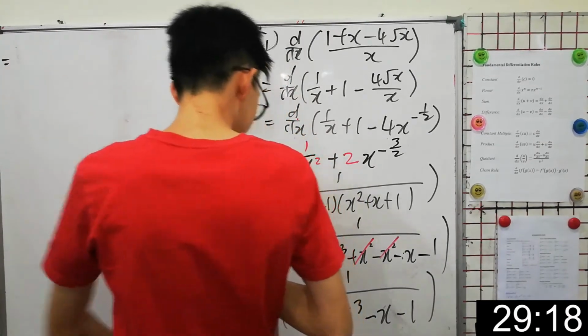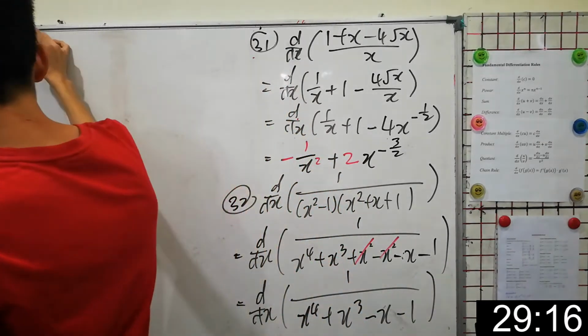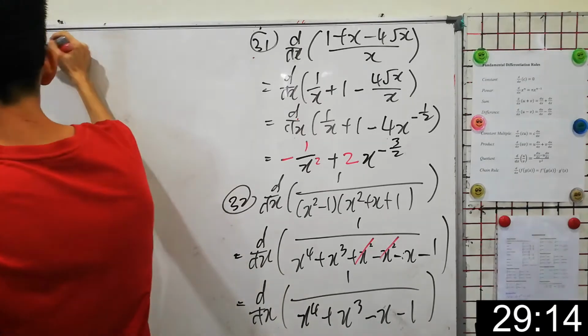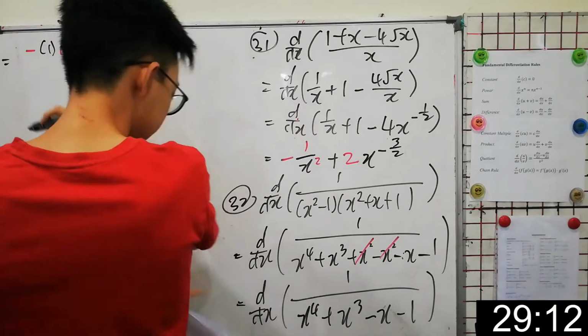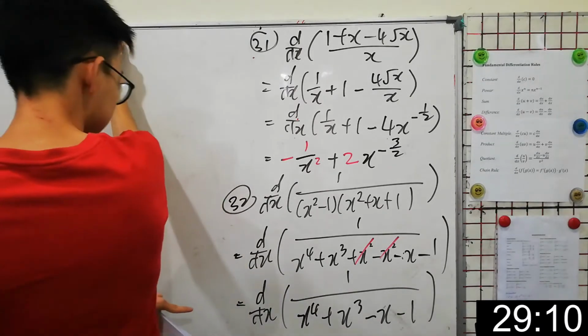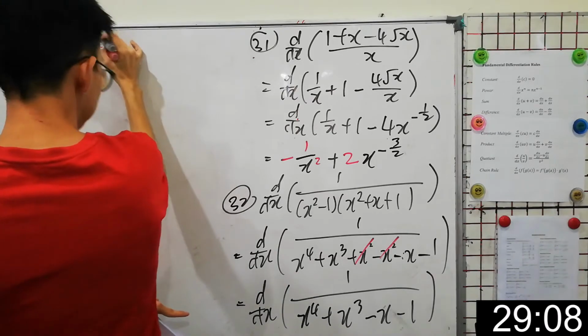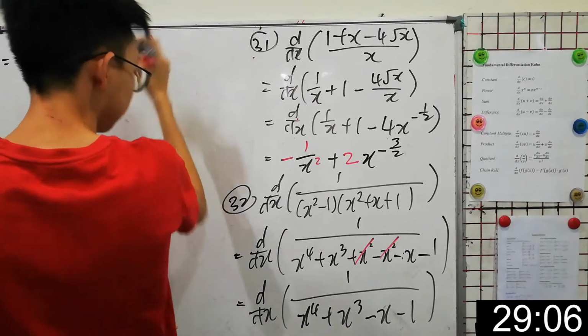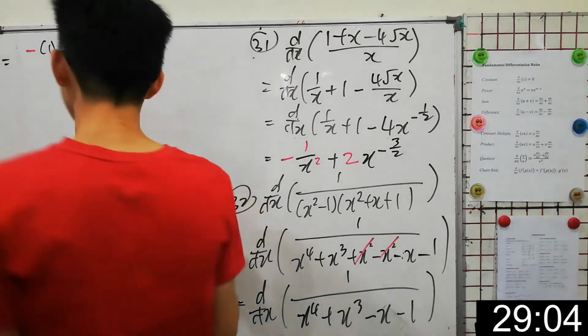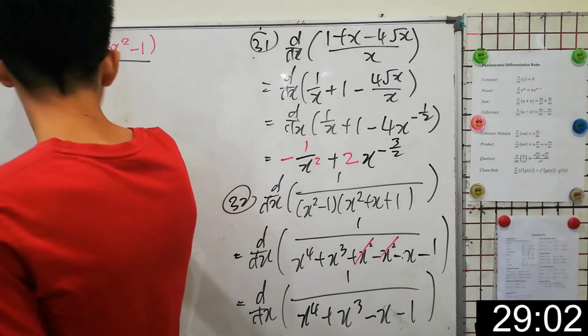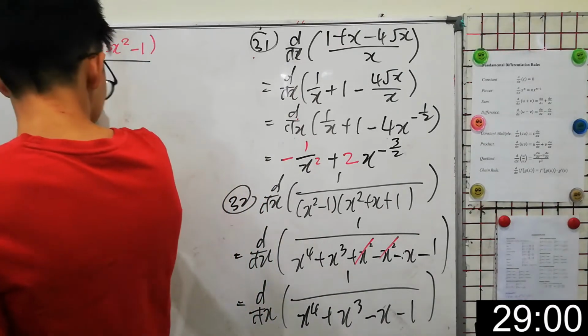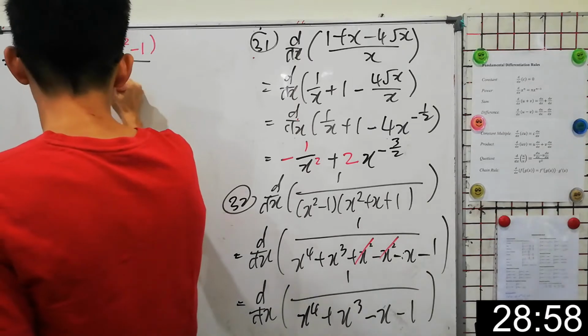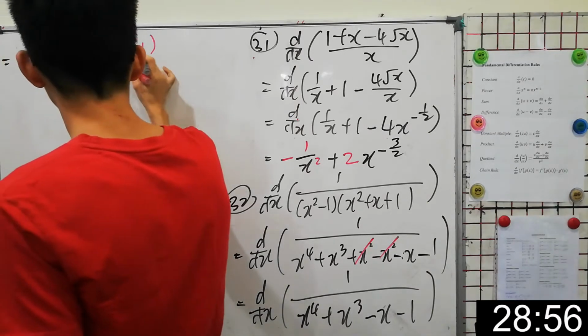Then minus, you copy the top, then you differentiate the bottom. So it's 4x cubed plus 3x squared minus 1. Then bottom, bottom: x to the 4th plus x cubed minus x minus 1, squared.